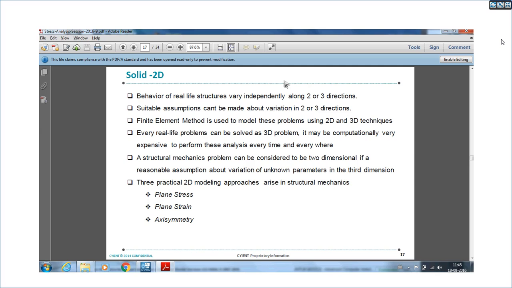So in 2D in-plane problems like axisymmetric, plane stress, and plane strain, there are some assumptions which don't affect these two things. They won't affect physics, they won't affect results. The importance of this is it will reduce the computational time, and it is very easy to simulate some of the complex problems.